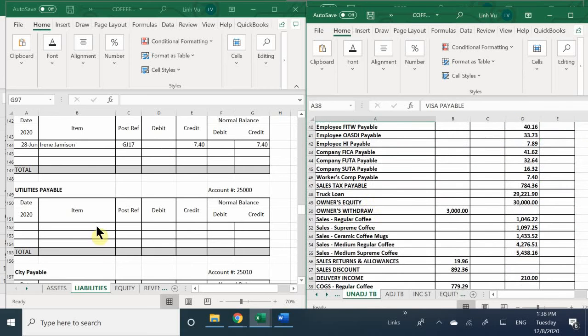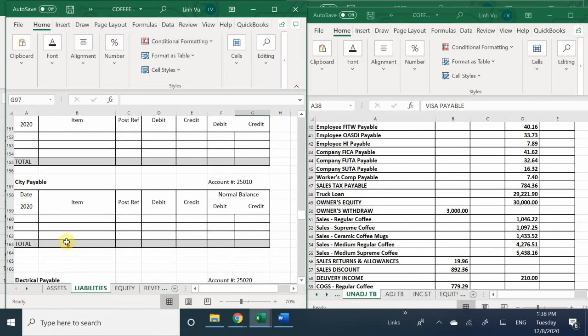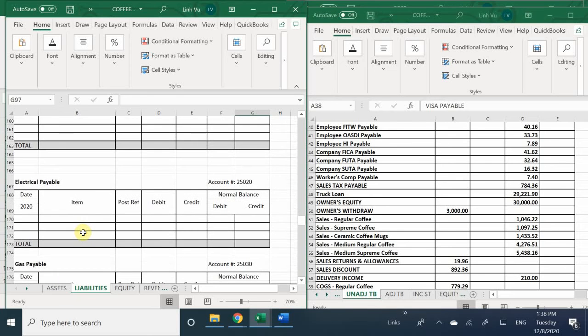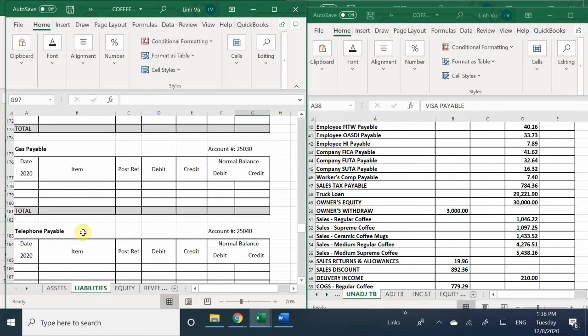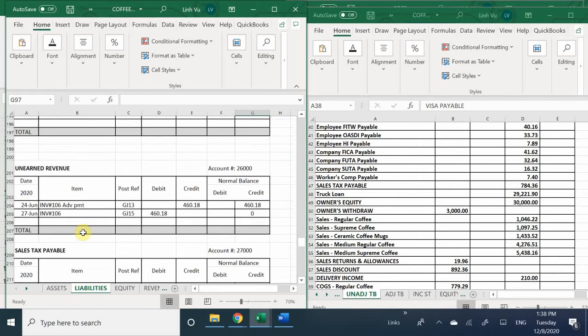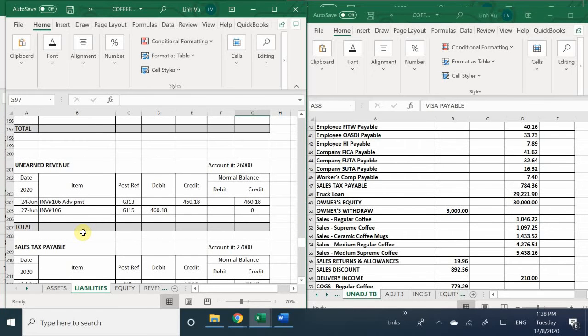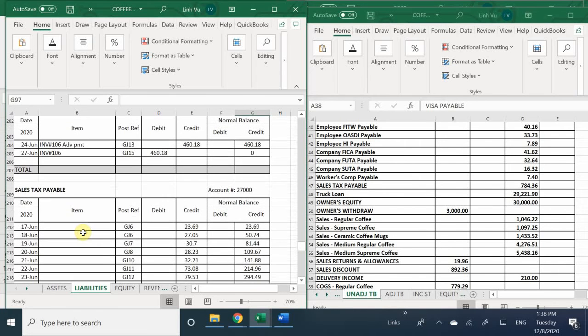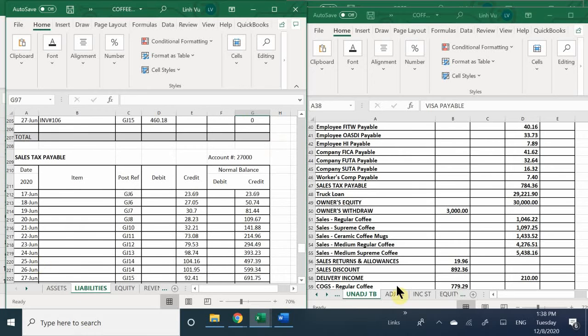So the next category is going to be utilities payable. Of course, we haven't incurred anything yet. We haven't gotten any city bills, electrical bills, water bills, gas bills, or telephone bills. So none of those. Okay. Unearned revenue is zeroed out, so nothing there. Sales tax payable. Yes, that has changed.